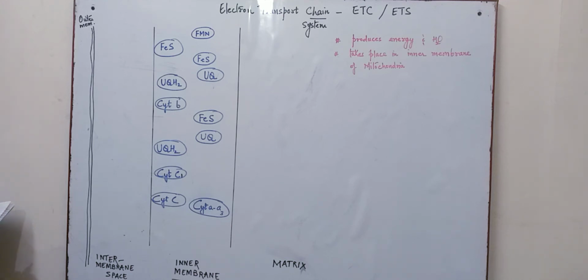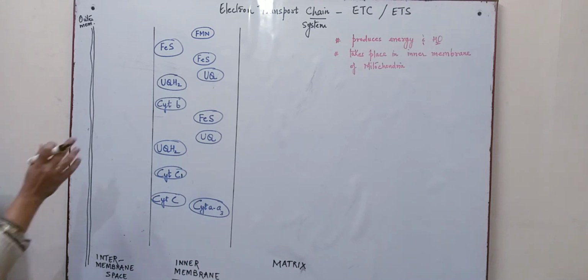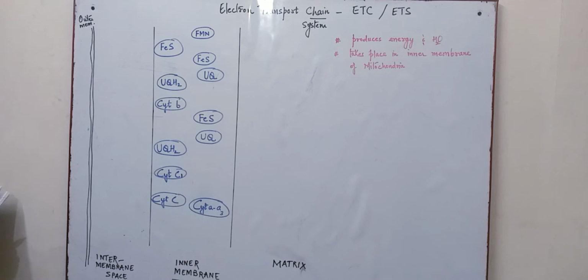And this energy difference will be later on utilized to convert ADP into ATP. Now, here the electrons will be simply passing through the electron acceptors. Let us study about how these electron acceptors are working.